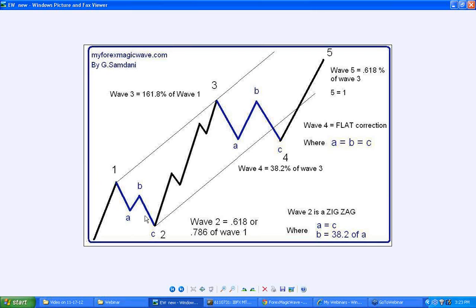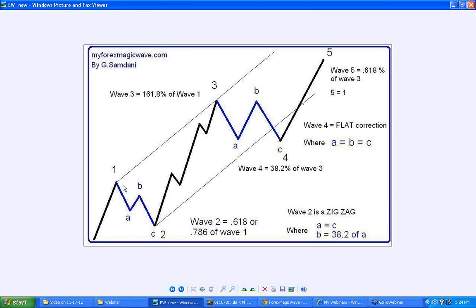One thing I want to mention here quickly is that there's a rule called the law of alternation. The law of alternation in Elliott Wave is about wave 2 and wave 4. If wave 2 makes a zigzag, then most likely wave 4 will make either a flat or a triangle.